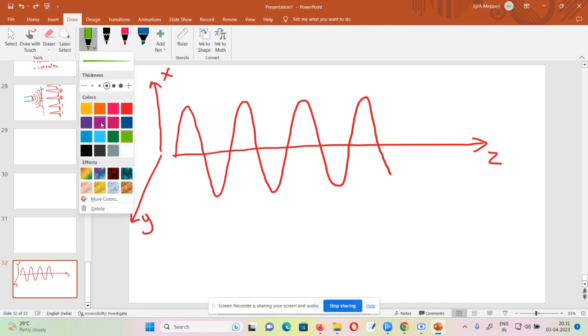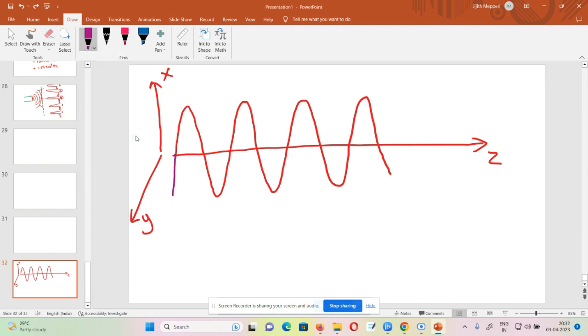What will happen if you have the same kind of beam but in a different polarization? This wave is x-polarized, because it is on the xz plane. Now I am going to add a y-polarized beam with the same amplitude, so it will go this way.